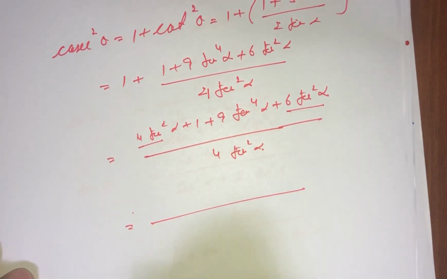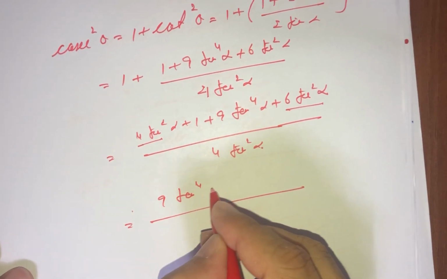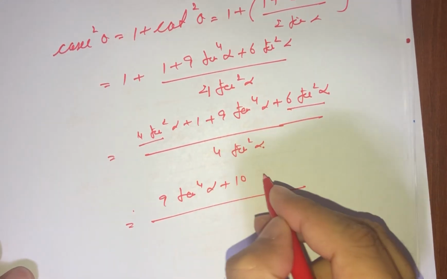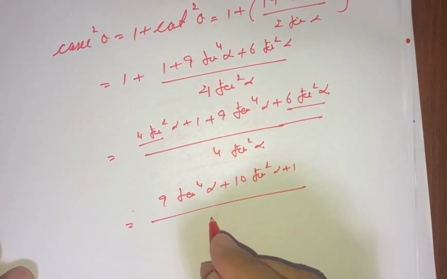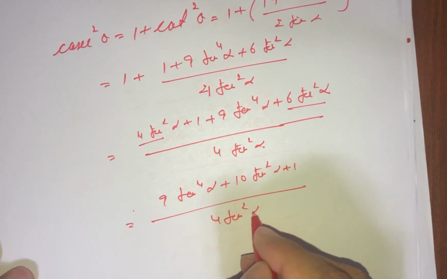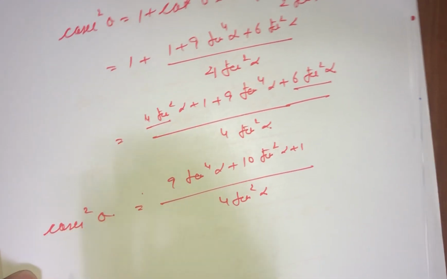So we can write this as 9 tangent 4 alpha plus 10 tangent square alpha plus 1 divided by 4 tangent square alpha. This is equal to cosecant square theta.